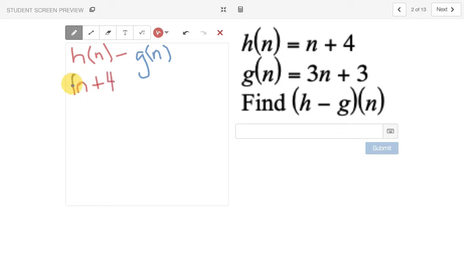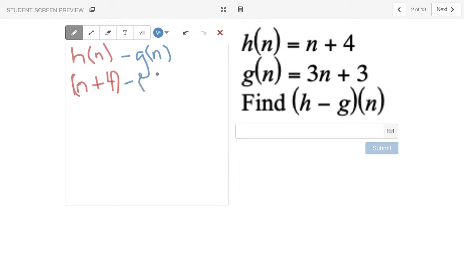And then we are subtracting that from, probably should make the subtraction sign blue, because in the beginning we talked about distributing the subtraction sign to what we are subtracting, or the function that comes after the subtraction sign.